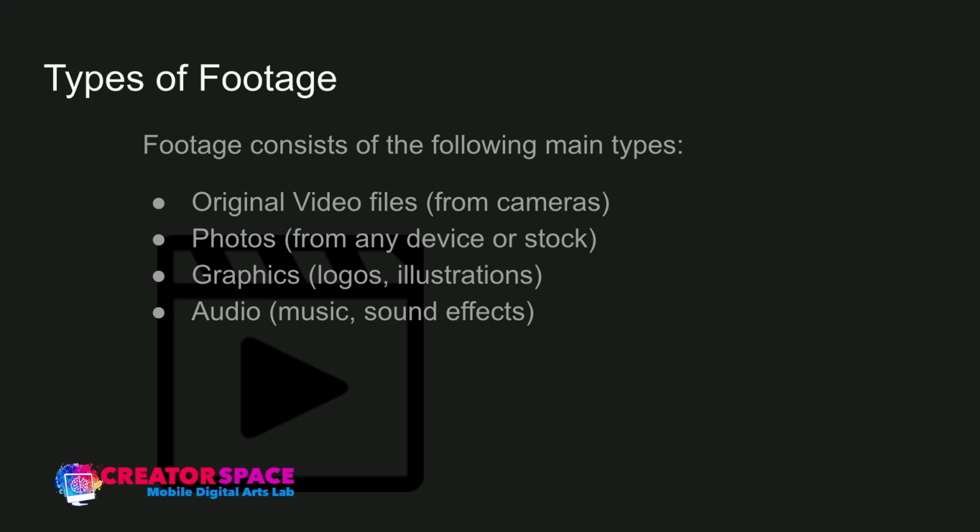So that's the type of footage. We're not just talking about camera footage only. We're also talking about getting other footage in. You might have a blend of photos, graphics, some logos, and then some of the audio, like music, sound effects, that type of thing. So those are the types of footage that you can have. That's just good to look at and figure out.